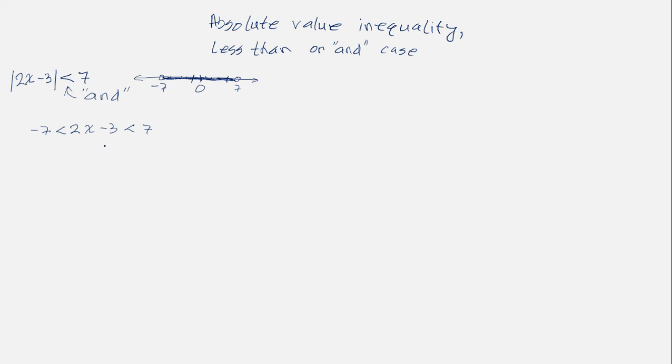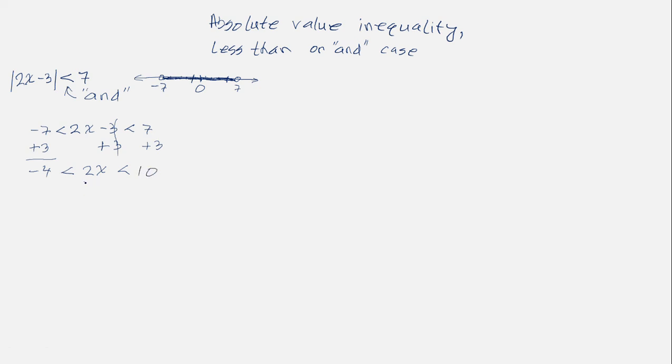So in this case, we would add 3, and we add 3 to every side. So the 3 goes away. Negative 7 plus 3 would give us negative 4, less than 2x, less than 7 plus 3, which is 10.